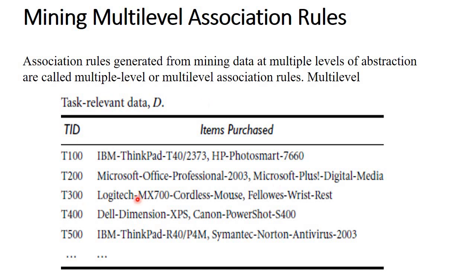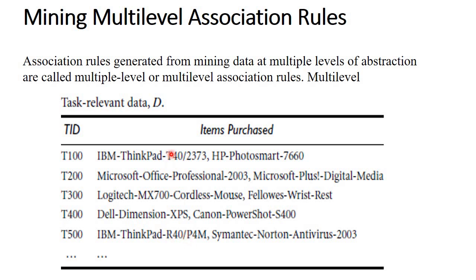As you can see here, this is nothing but a transactional database, and what you can see here is that we have items at a very specific level of abstraction. Transaction T100 has IBM ThinkPad T40/2373 and T500 has IBM ThinkPad R40/P4M.